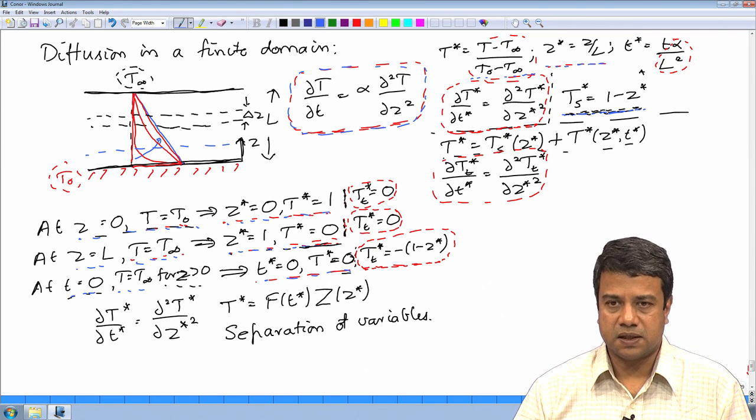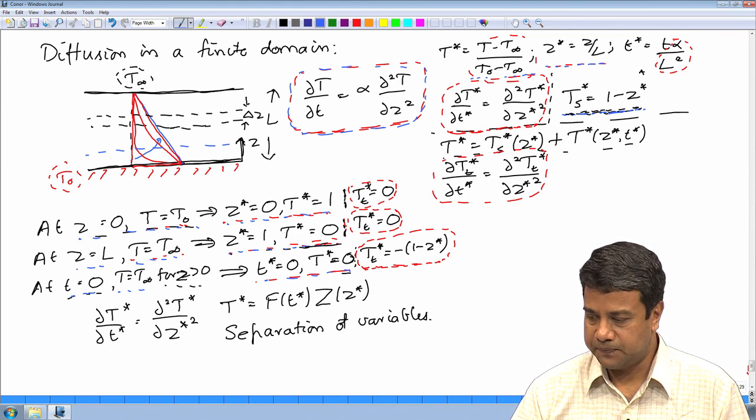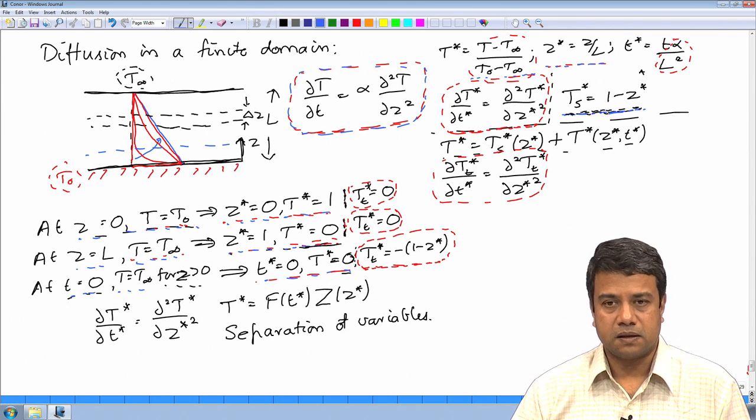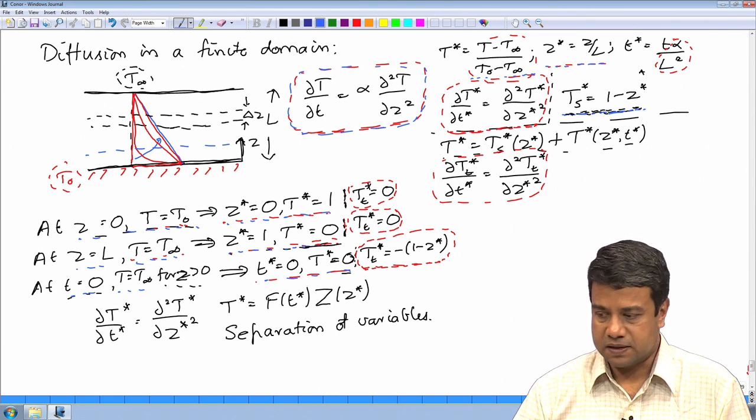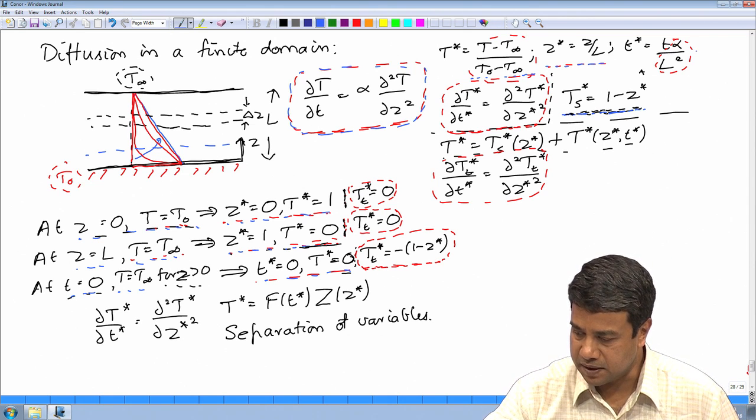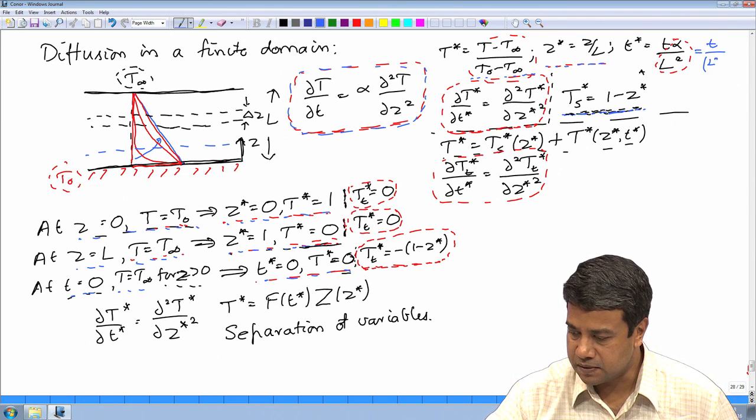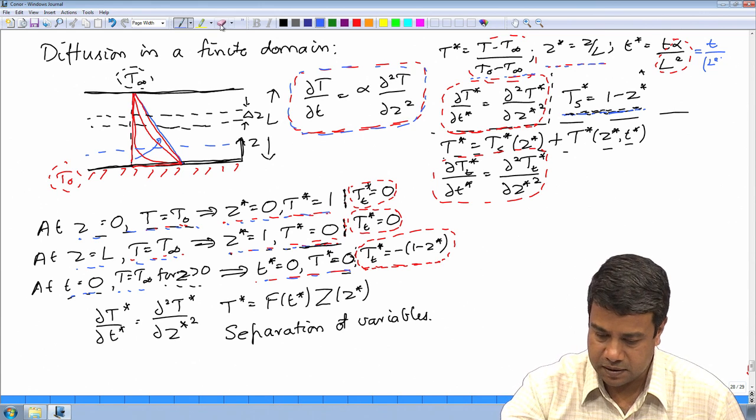That is the natural scale for the Z coordinate. And we had obtained a natural scaling for the time, t alpha by L squared.